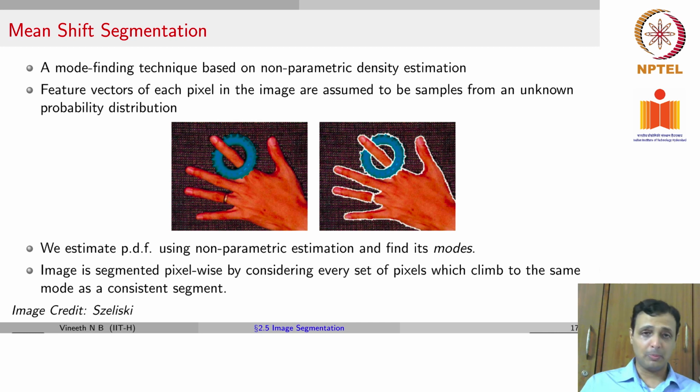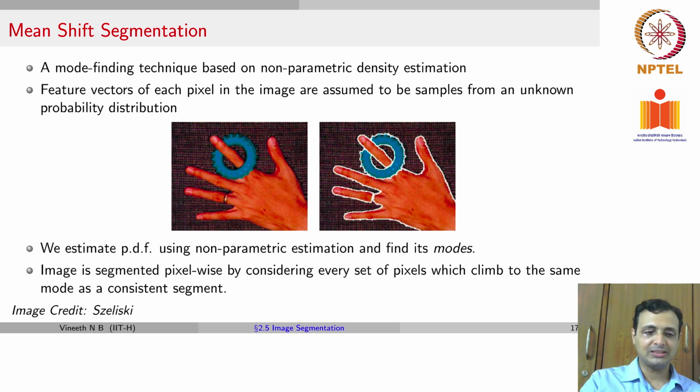Moving on to another popular method known as mean shift segmentation. This method is a different approach and it uses a mode finding technique based on non-parametric density estimation. Non-parametric density estimation is a standard procedure that people in machine learning use to estimate the density of any given set of observations.